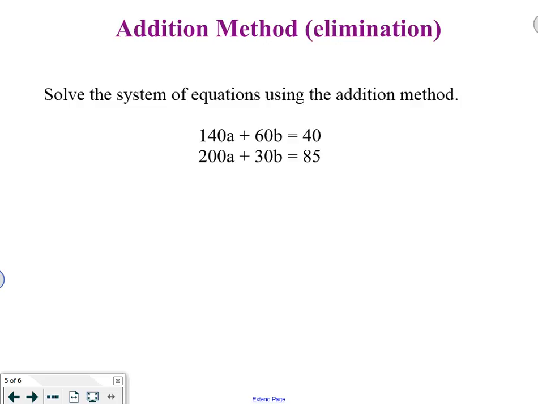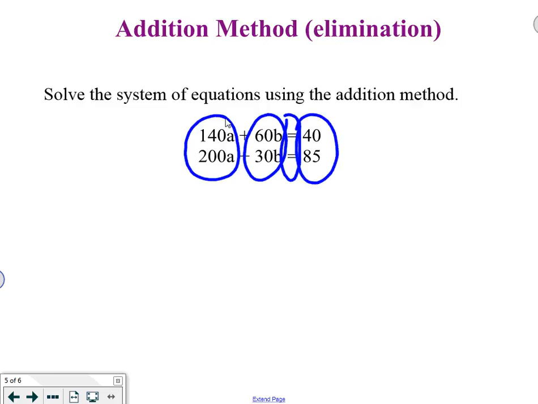Alright. When using this method, the first thing you should do is line up your terms. And this is what I mean. Those are both A terms. Those are both B terms. Line up your equal signs and line up your constants.